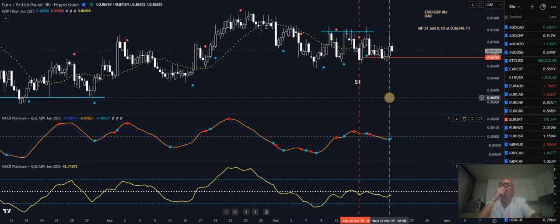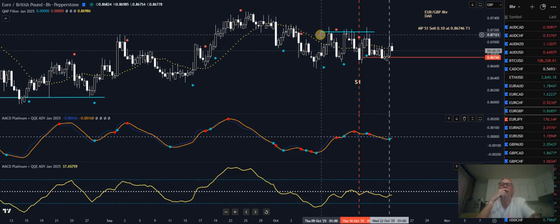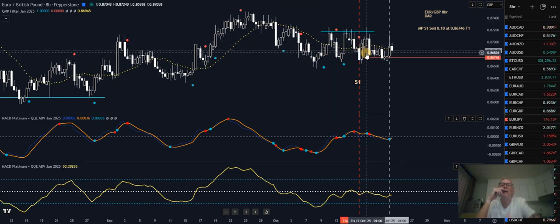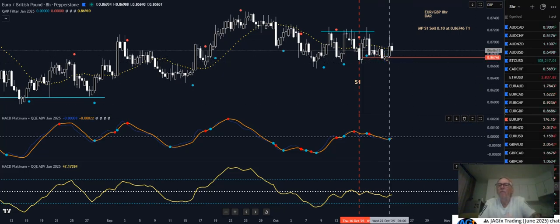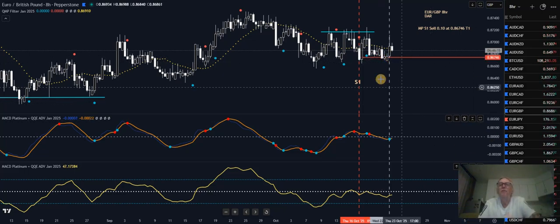Euro pound, this is absolutely messing with my head. Took a sell here. This is an MP sell based on this resistance level. It can't break out of this range. So even though we've come down through, the MACD Platinum's come down through the 0 level.